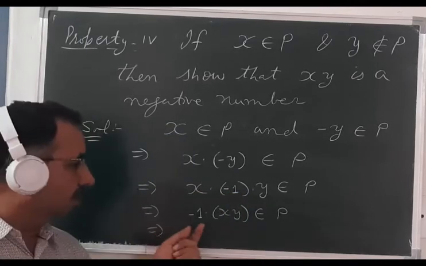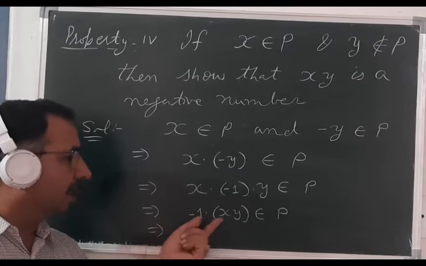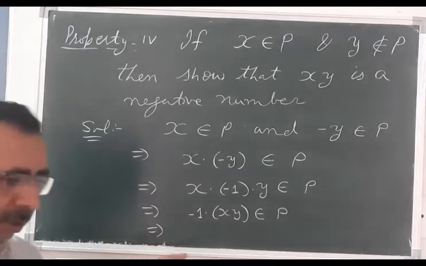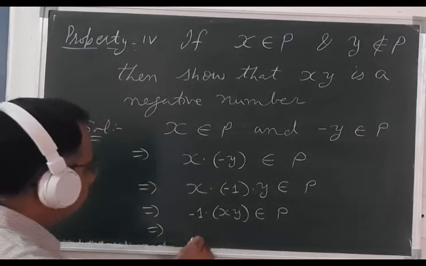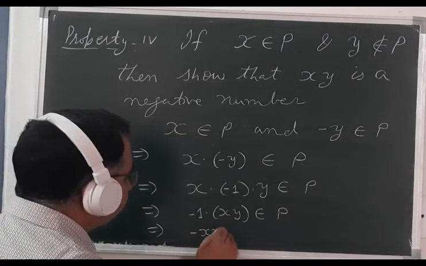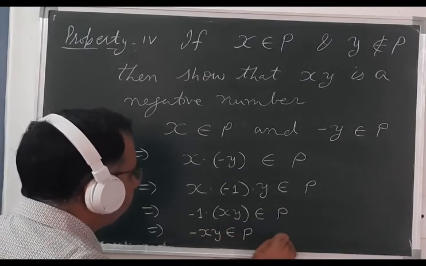Again use the same thing, that minus 1 times a real number gives the additive inverse of that real number. So this is minus of xy belongs to P.